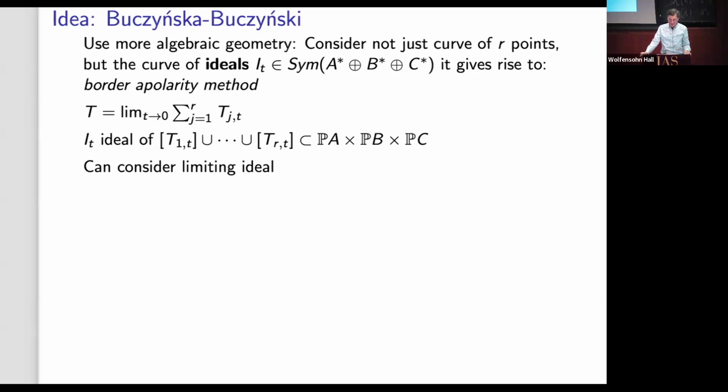But we're in a much worse situation here because we have to allow ourselves to look at these limiting R planes. That R plane has to stay an R plane in low degree, which is not the case that you get in the usual Hilbert scheme. So you have to work in something called the Haiman-Sturmfels multigraded Hilbert scheme.